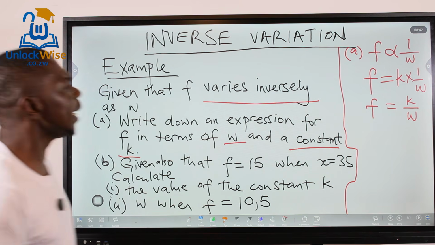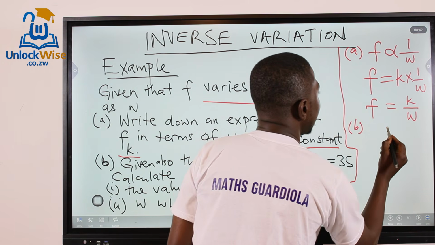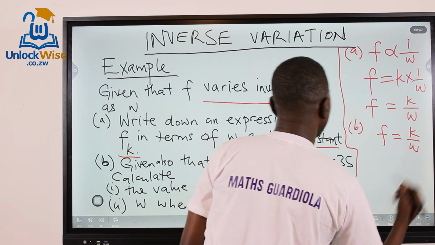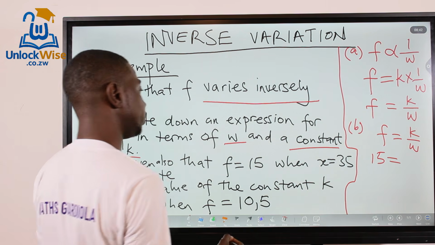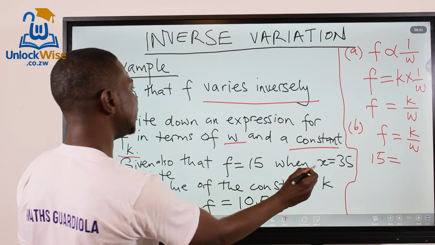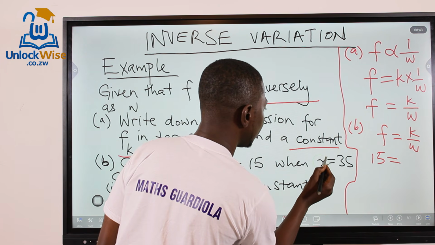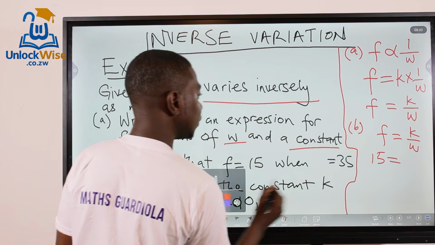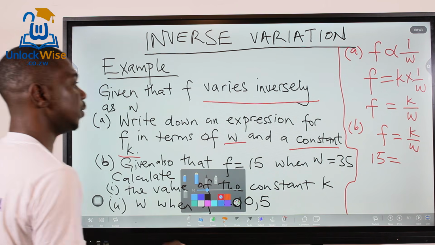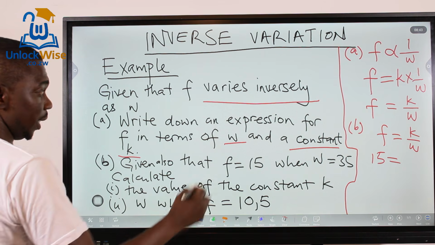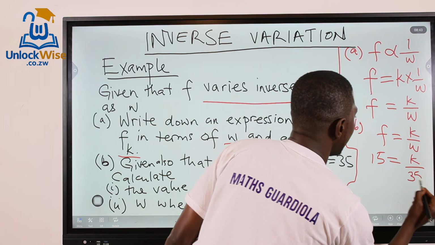So we take our formula, f equals k over w, and substitute the values: f is 15 when w is 35, so we have 15 equals k over 35.